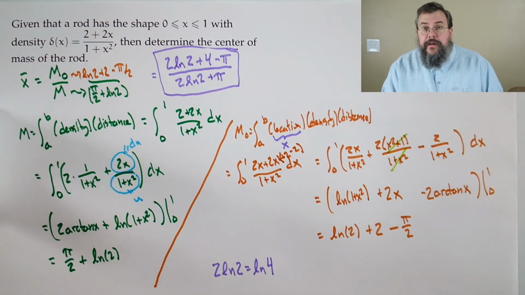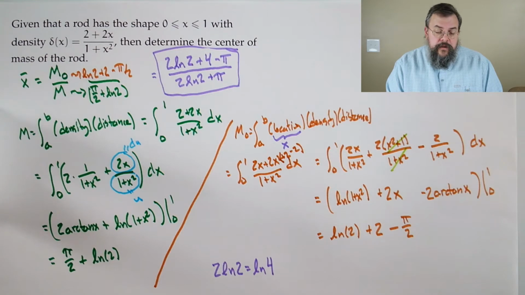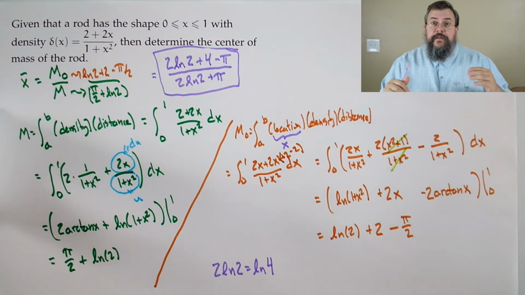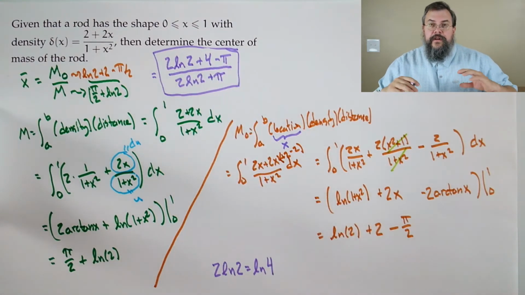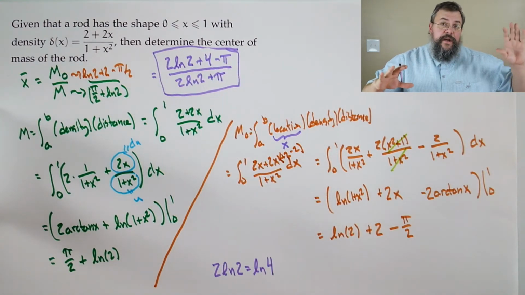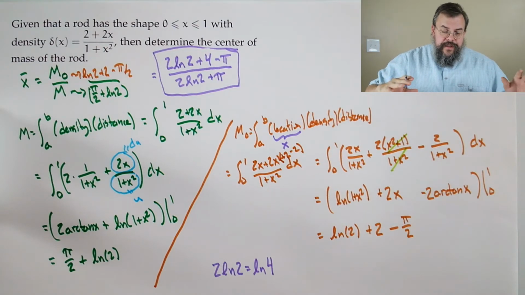Well, is it reasonable? It's not so obvious, but you should think to yourself, what's bigger, the top or the bottom? First off, is everything positive? Well, log of 2 is positive. 4 minus pi is positive. So yeah, everything's positive. So you end up with a number that's strictly greater than 0, which is good.